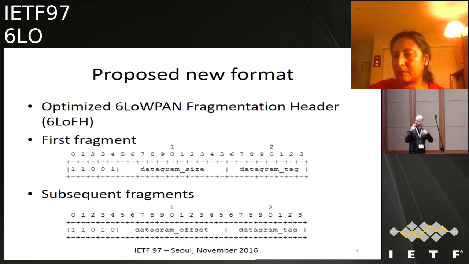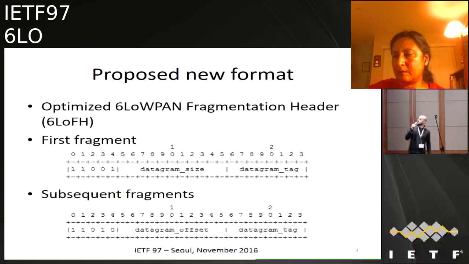For subsequent fragments, we also have a 5-bit dispatch value, which indicates that this is a fragment, but not the first one. Then a datagram offset, which has a size of 11 bits. This allows expressing the offset of the data being carried in the fragment in increments of 1 byte, and also the datagram tag as in the first fragment format.